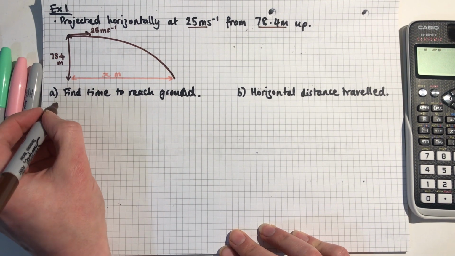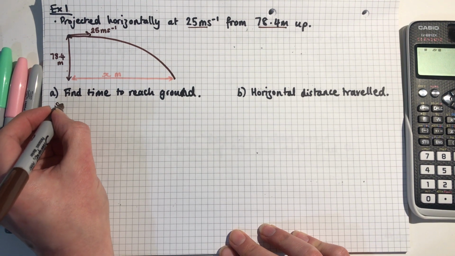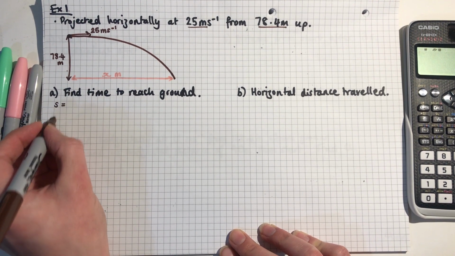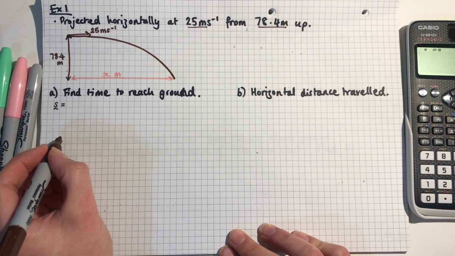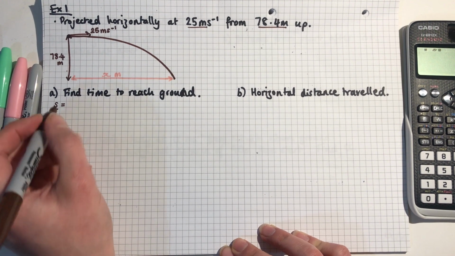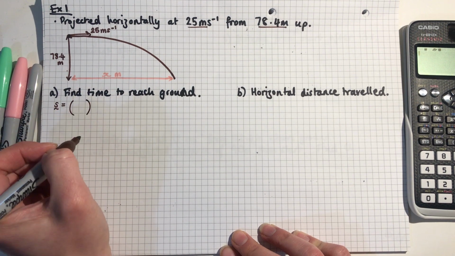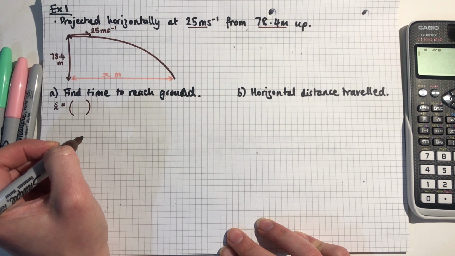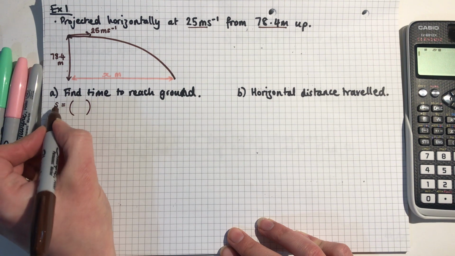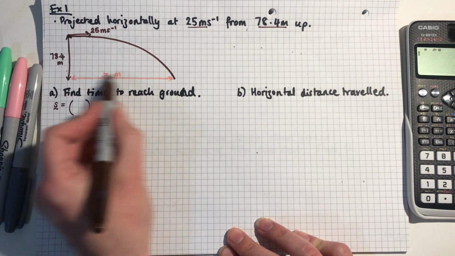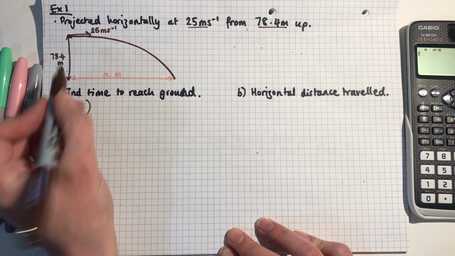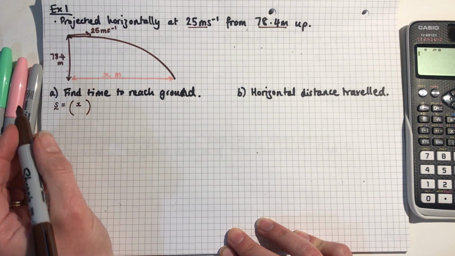So the first thing we're going to do is list for this situation suvat, but in vector form. So you're going to do column vectors like this. And we know, first of all, that our displacement from where we started horizontally is x, and vertically it's gone down by 78.4.